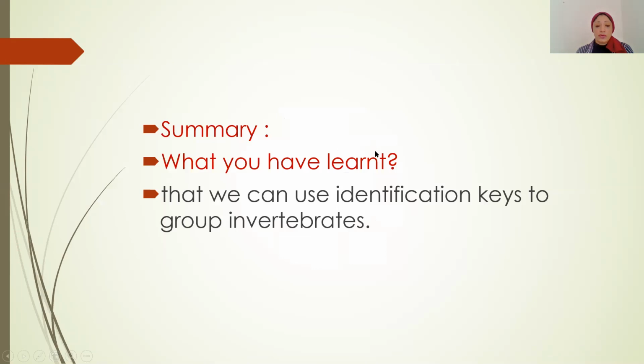So the summary for today's lesson, what you have learned today: we can use identification keys to group the different kinds of invertebrates using questions, and the answer will be yes or no depending on the invertebrate, whether it has wings or not, colored wings or not colored wings, the number of legs.